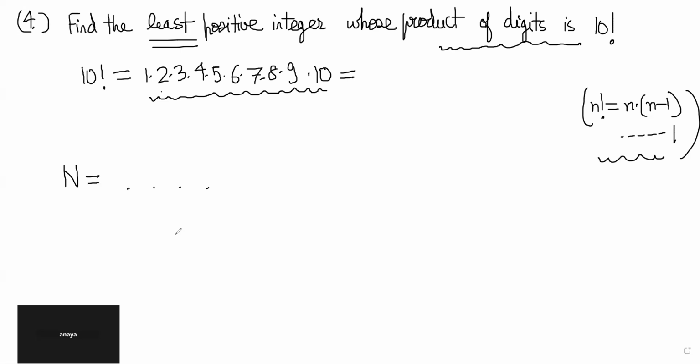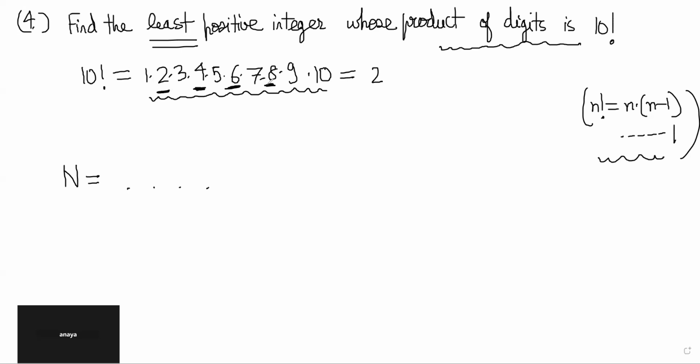So I have to make sure that when I make my n, it will have the same product as this. For that, you need to find out how many powers of 2 are there, how many powers of 3 are there, and so on. So 2 powers will be from here there is 1, from here there is 2, so total 3. From here you get another 2, so you get 4 powers of 2.